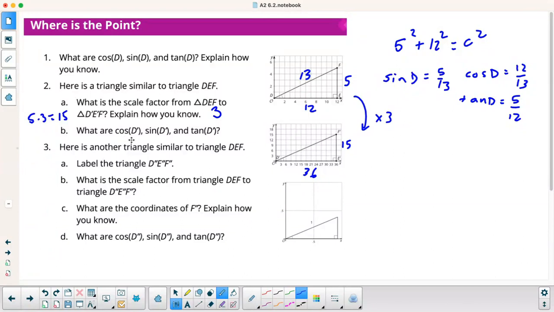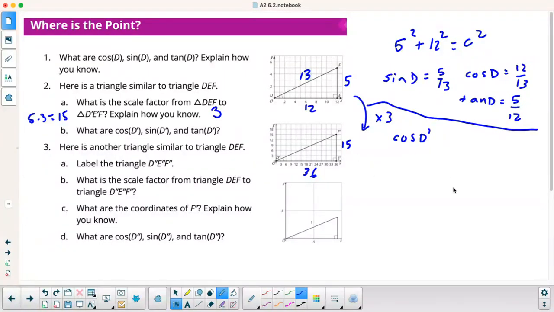What's the cosine of D prime, sine of D prime, tangent of D prime? So for this one, I guess I'll kind of put a little mark there. So the cosine of D prime adjacent, I probably need to do Pythagorean's theorem here too.